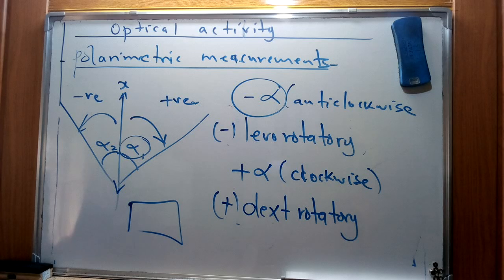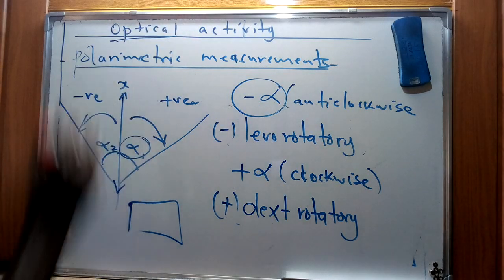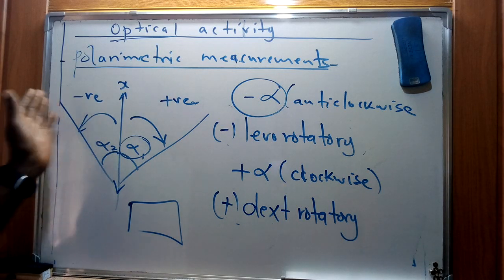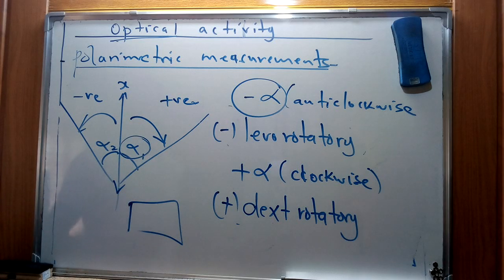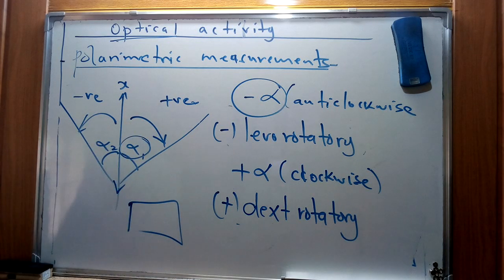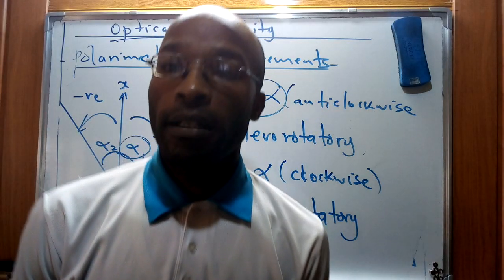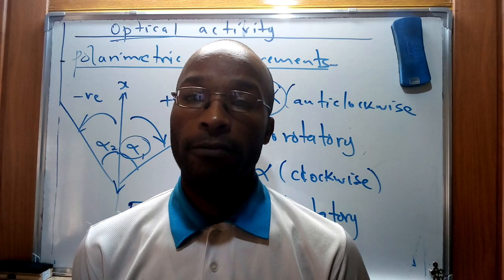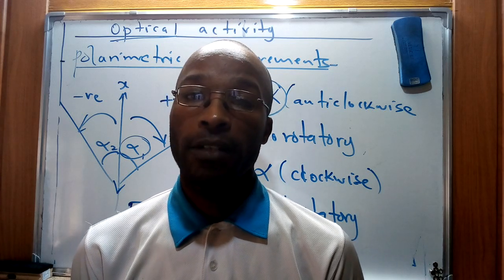I hope this helps us understand this concept and complements other discussions we have had on stereochemistry, which will compound with others and help us understand better how to do experimental analysis of chemicals that fall under this category of optically active. So I hope that helps, and let's catch up in our next video on the concept of specific rotation.